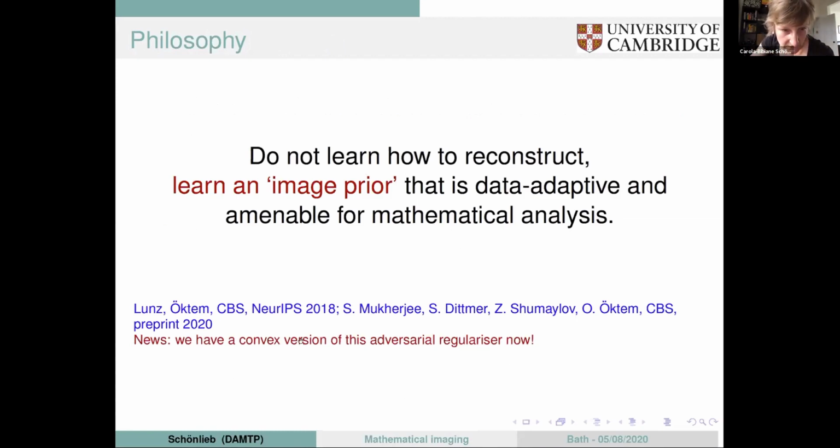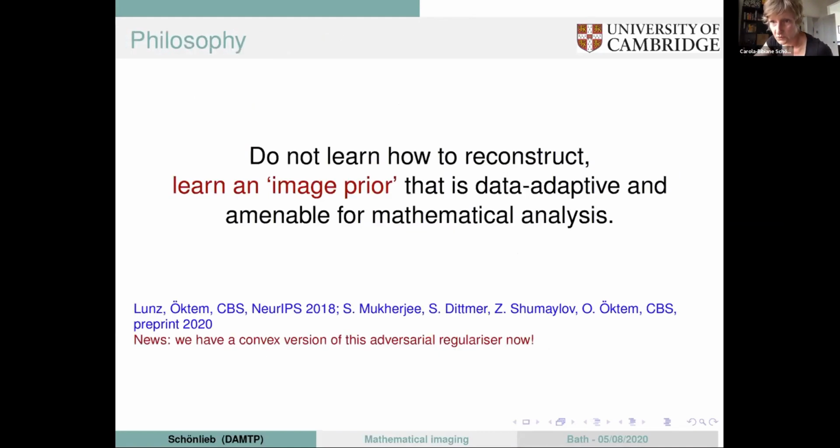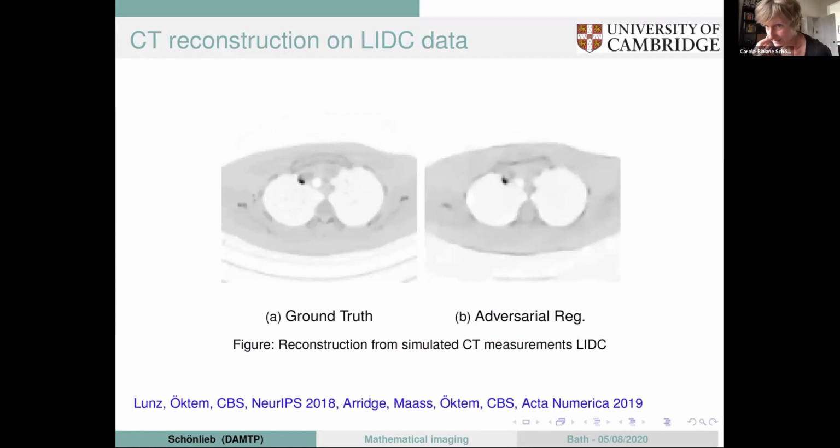One downside compared to, let's say, total variation regularization is, of course, that this regularizer, if we just take a general neural network, is totally non-convex. One thing that we will put onto arXiv today or tomorrow is a convex version of this that we have been working on together with Shubho Mukherjee, Søren Dittmer, Zach Shumyalov, and Oza Nakdam.